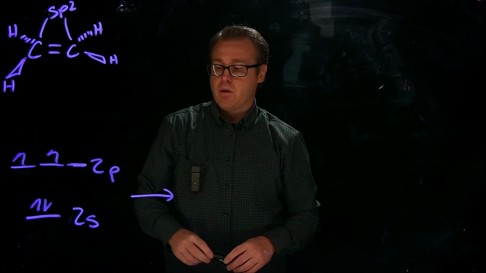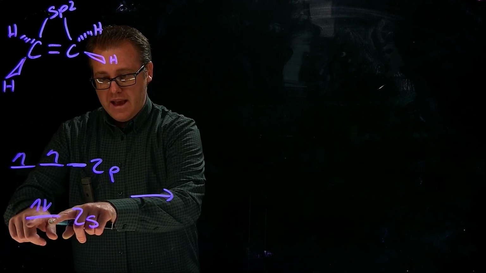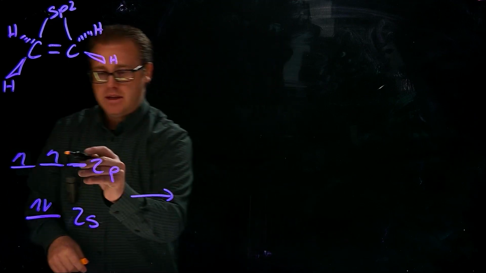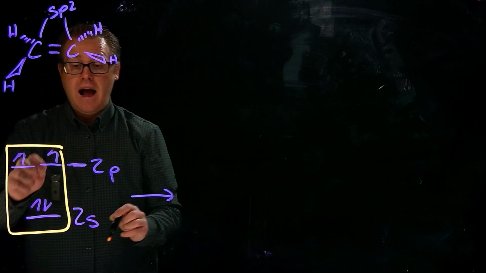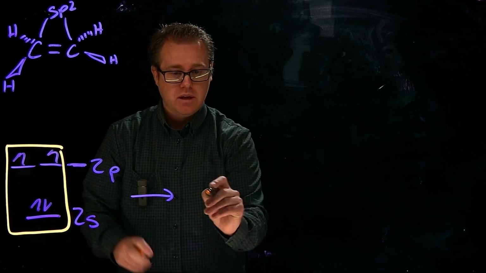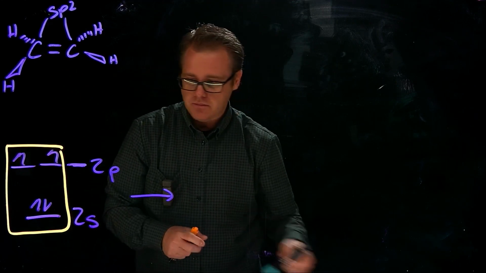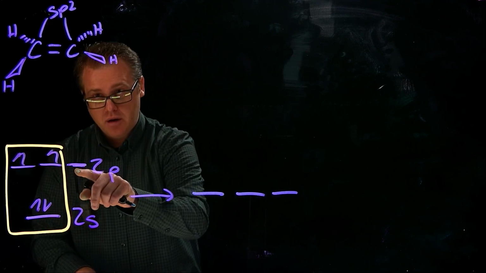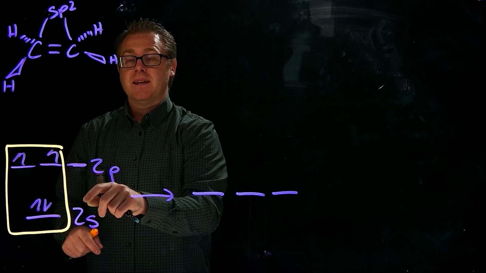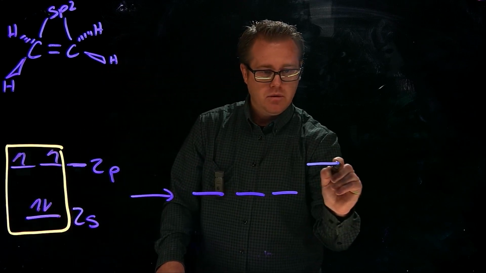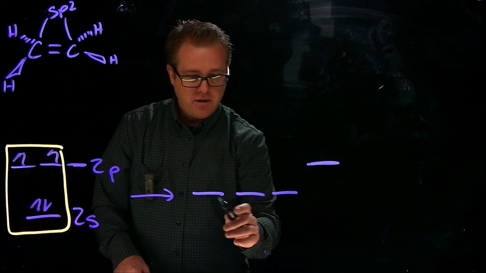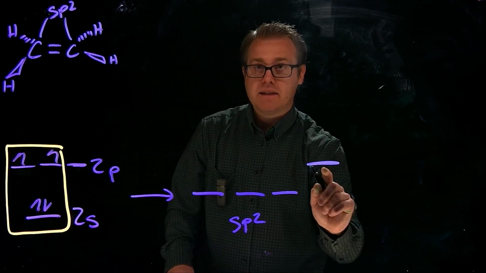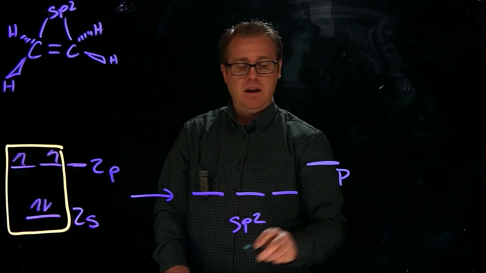So that means we're going to take the 1s and 2p's. I'm going to take those right there and hybridize those three orbitals to the same energy level. All right, 1, 2, 3. But this one right here, I'm not going to hybridize. I'm going to just leave it alone. And so what I have are these three right here are sp2, and this one that was left alone is a p orbital.